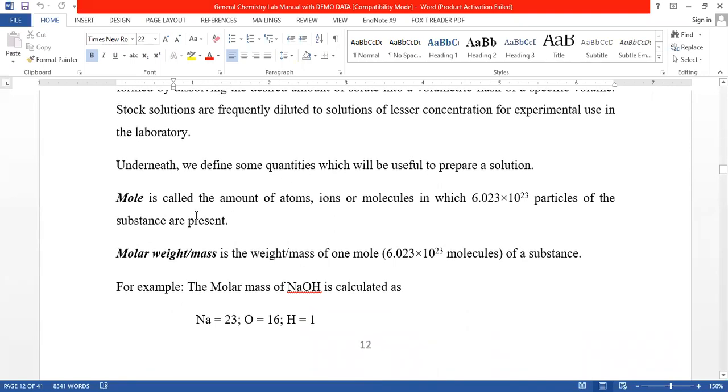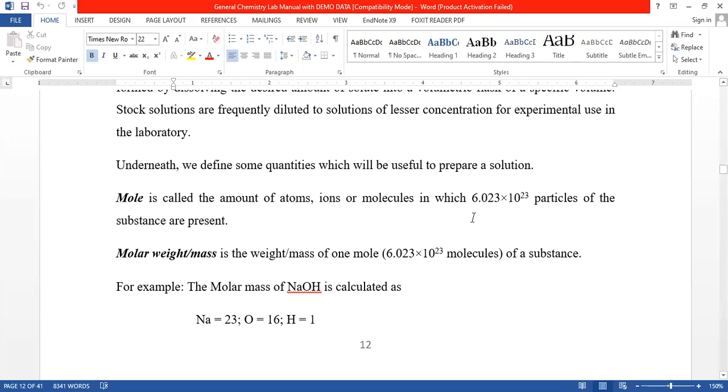So here, what is the mole? You are already familiar with the word mole from when we discussed ionization energy, 1 mole of hydrogen, and the nuclear binding energy calculation.